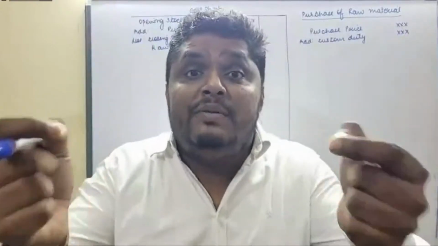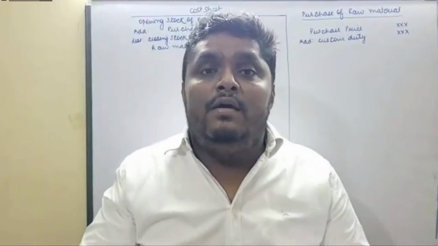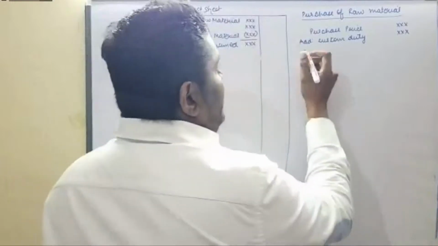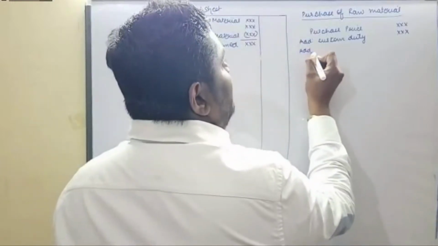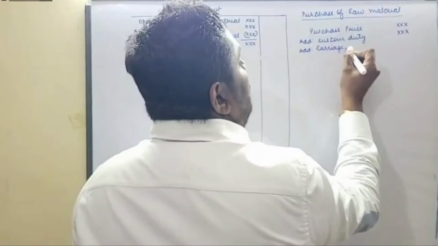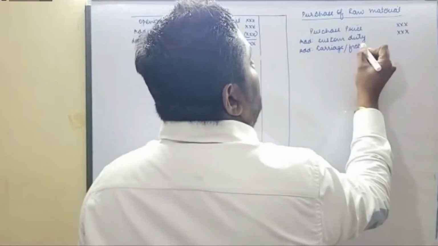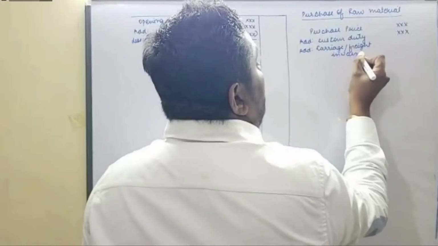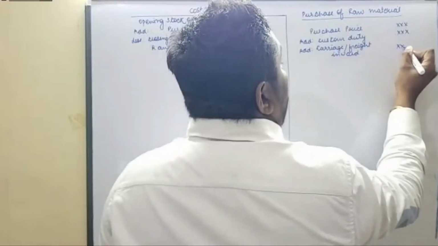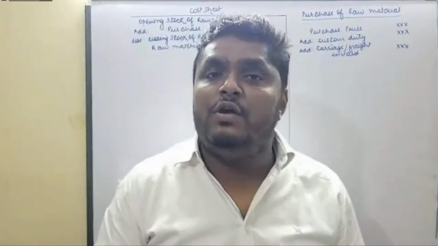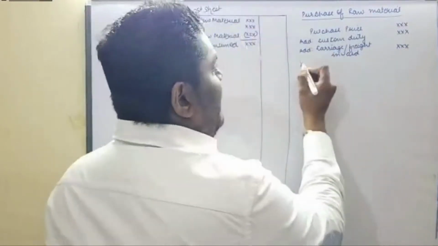Further, Germany से India आएगा raw material, तो again कुछ freight cost incur होगा, कुछ carriage cost incur होगा. So if it is borne by us, then yes, we will add carriage or freight inward. Further, if we are paying any sort of commission on purchase, again it will be added to the cost.